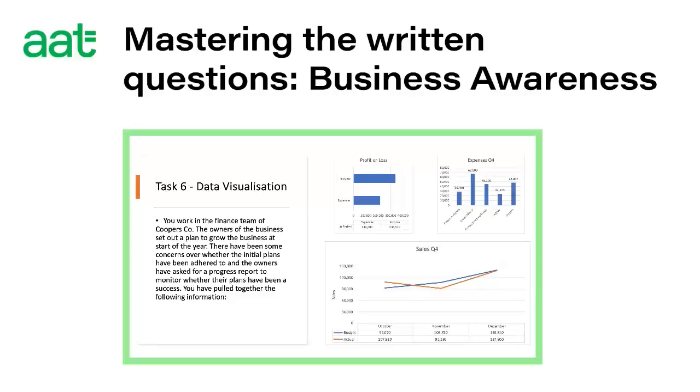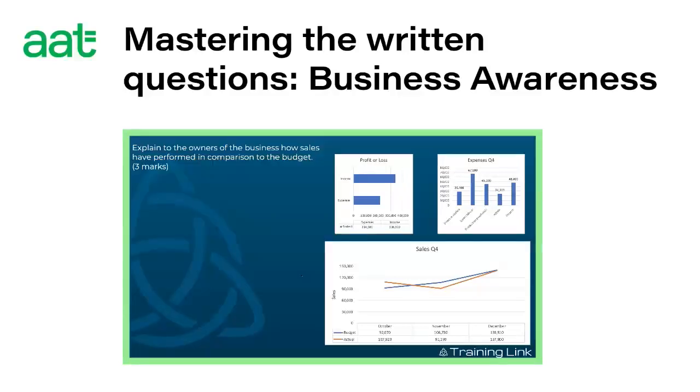Okay, now, the first question that we have on here is to explain to the owners of the business how sales have performed in comparison to the budget for 3 marks. I really do think these are quite straightforward, and people do sometimes panic over them unnecessarily because we literally are spelling out what has happened from the information available.